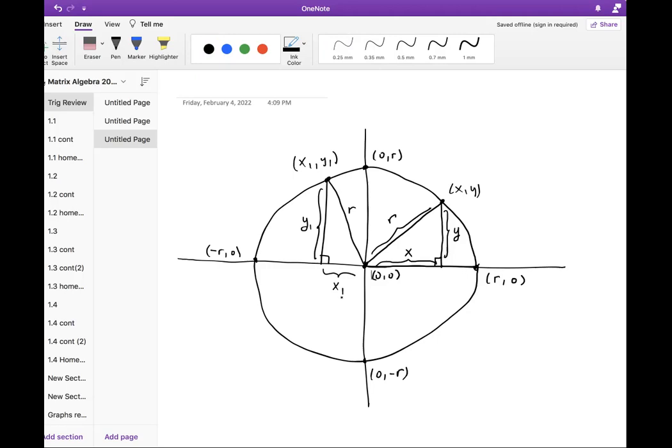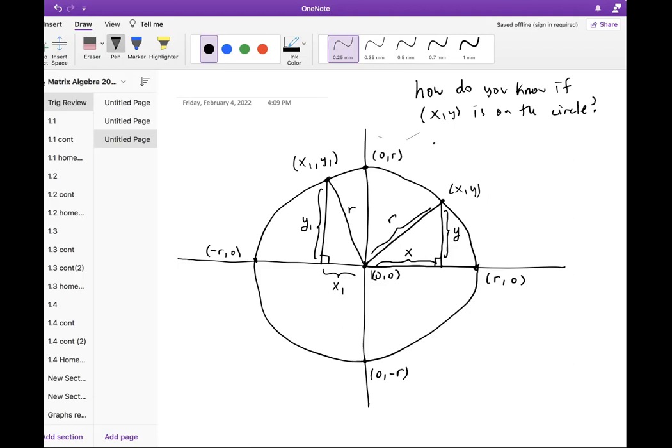So if this is true for every single point on the circle, then we have an explicit formula, right? How do you know if the point x, y is on the circle? We see that every point on the circle has the same property.